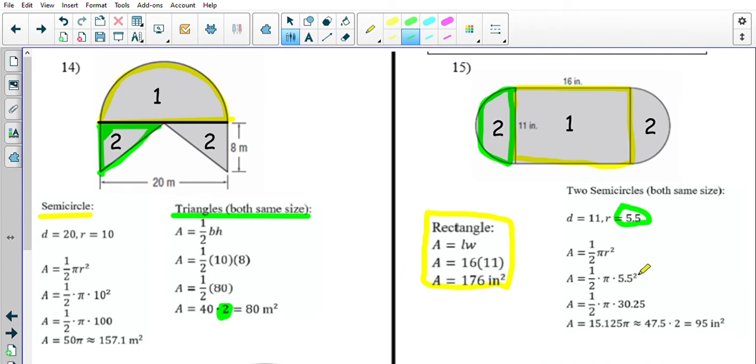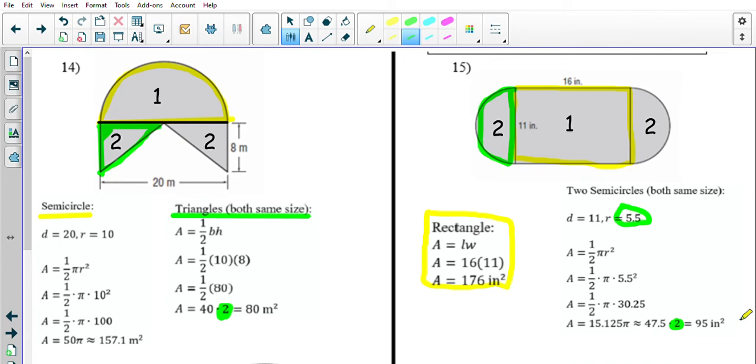Is half times pi times 5.5 squared. 5.5 squared is 30.25, and half of 30.25 is 15.125 pi. So that's about 47.5, but since I have two semicircles that are the same size, that's why I do times 2 here, and that's going to get us 95 inches squared for the two semicircles.